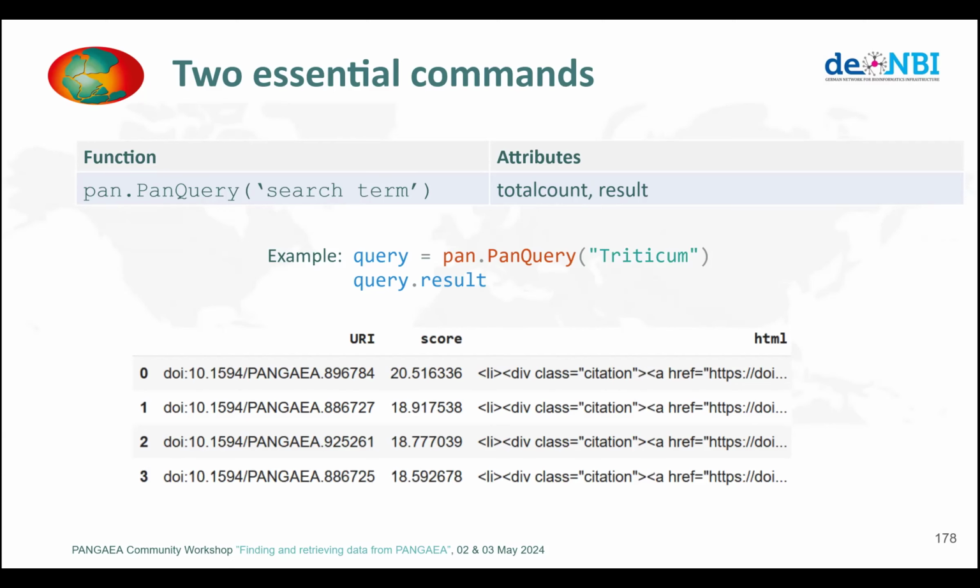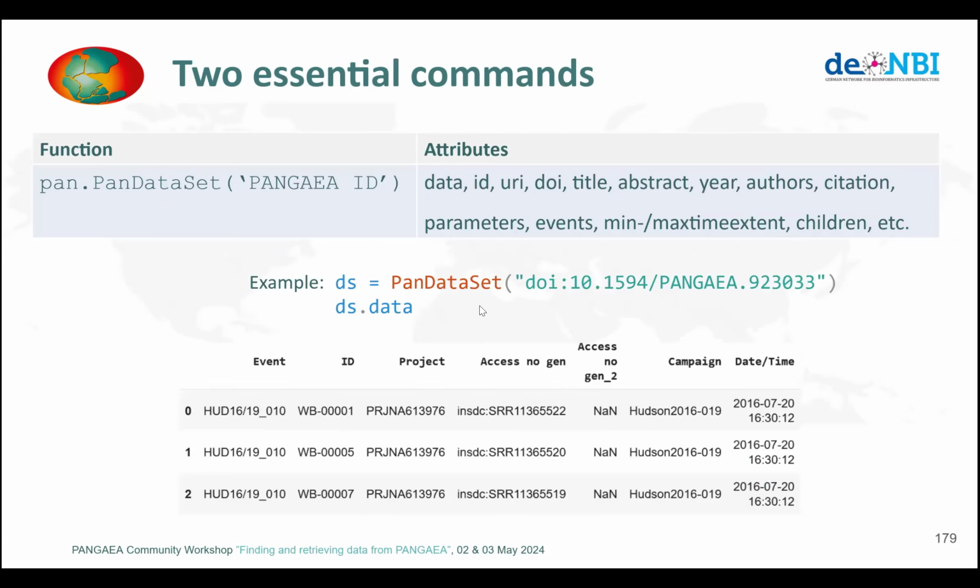demonstration in a moment. And the equivalent of pg data in pangaear is called PanDataset in Python. That's the function that is used for retrieval of metadata and data of individual data sets.